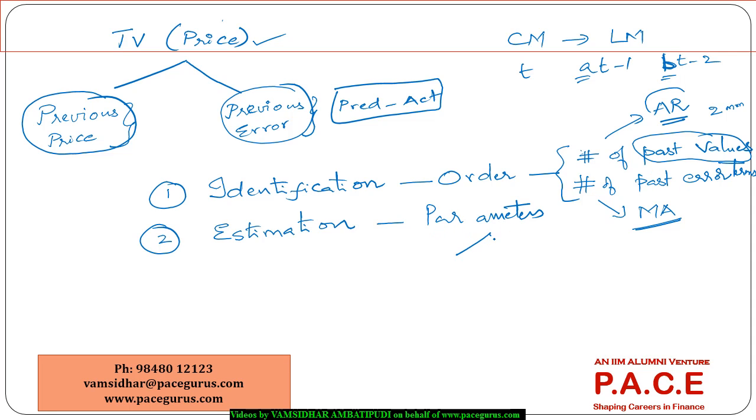In general, the parameters of the model are estimated using either the least squares approach or the maximum likelihood approach. In different cases we can use different approaches to estimate the parameters.